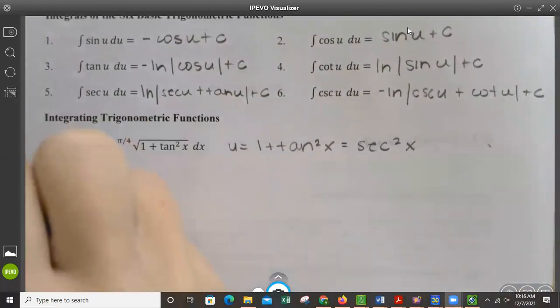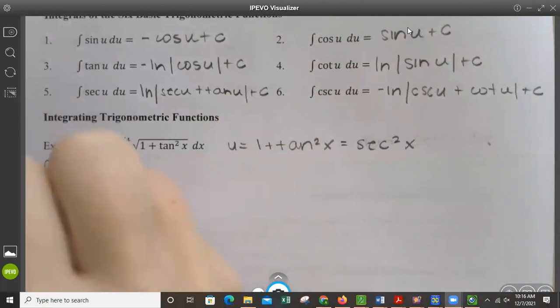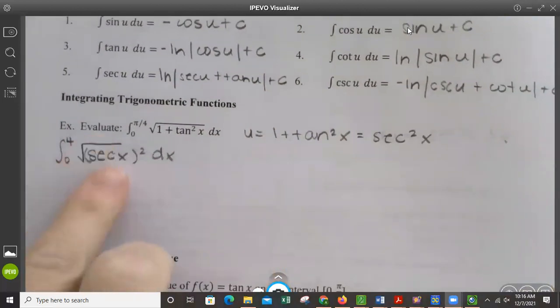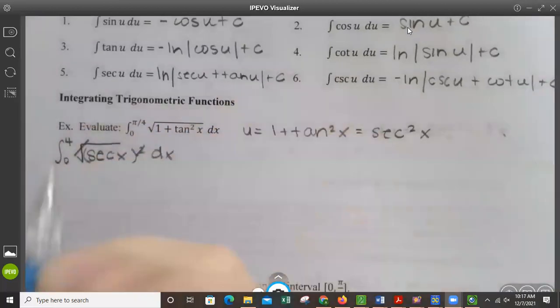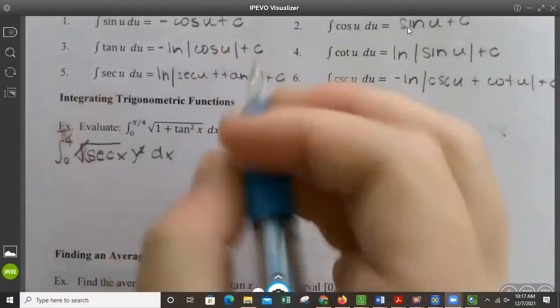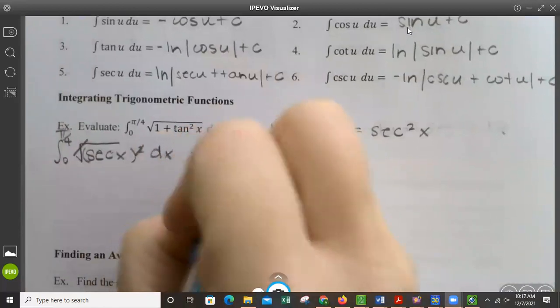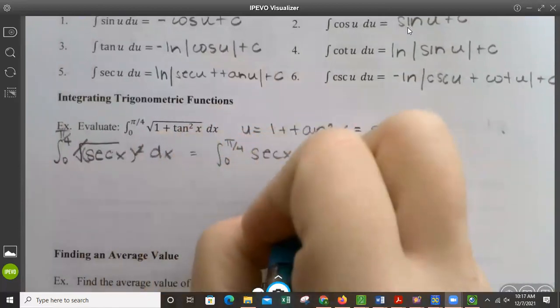The reason we're going to do that is because what's going to happen right here? It's going to cancel it out, right? So it should be 0 to pi over 4 of just secant x dx.